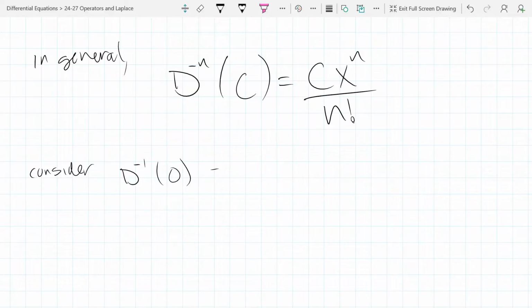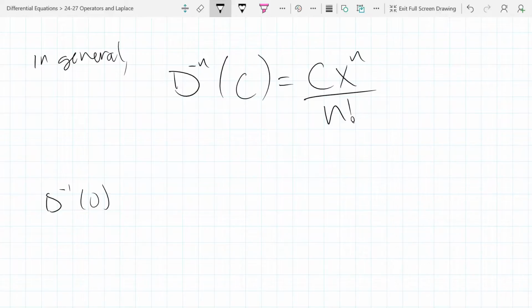Well, we'll just take the convention that we will ignore constants of integration. So once we know that, D inverse of 0, normally it would be a constant, but we're going to make that constant 0. And if I did this n times in a row, I would get 0, anti-differentiate 0.